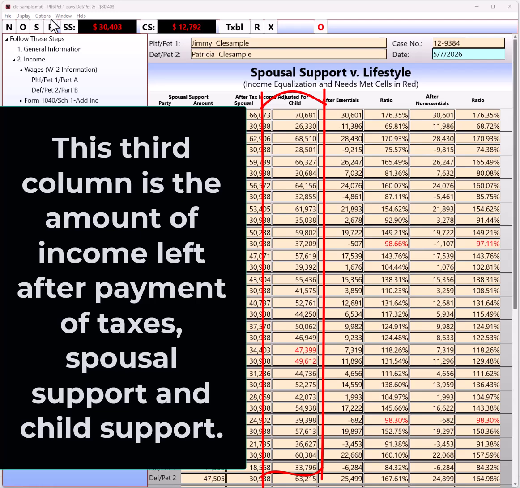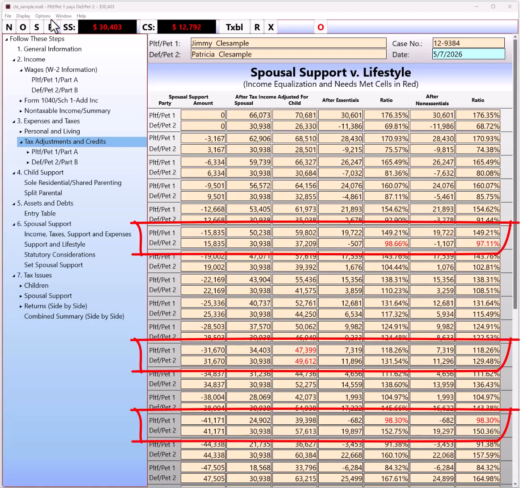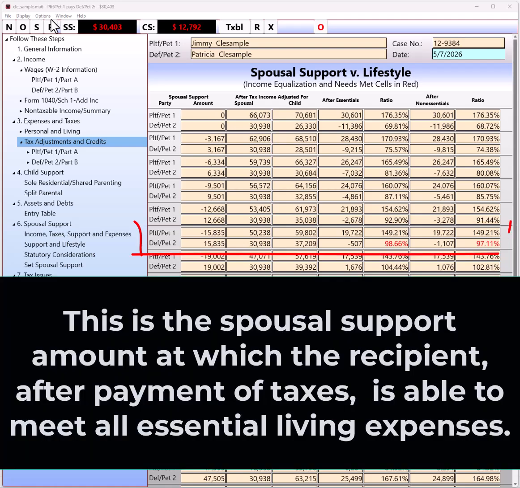Right. Both supports. Correct. And of course, then the next thing I would ask is, now I'm seeing these red numbers. That's the whole point of it, is these essentially three rows. And the first row is $15,835. And the reason that's singled out is because that's the point at which the defendant, who is receiving the support, is unable to meet their essential expenses. Jimmy's paying $15,000 and Pat's receiving $15,000, hence the negative and then positive in their row.